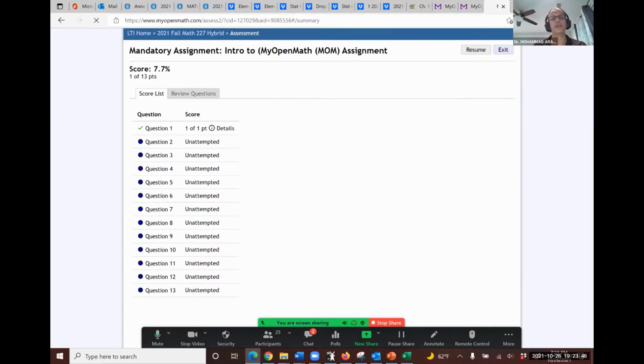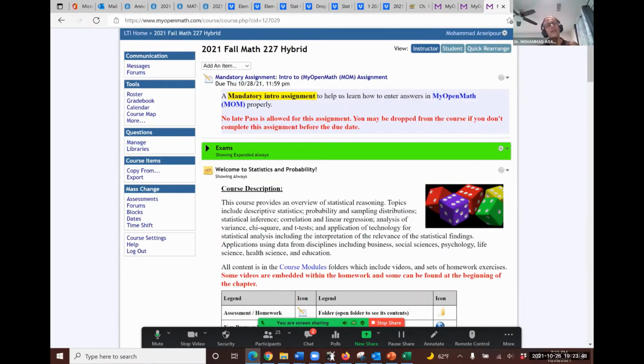For now, I'm going to exit, and it indicates that I've received 1 question correct. I've done it right, it gives me the point, and as long as it's not expired, by the way, it will expire in a couple of days, I will receive the full credit for that.